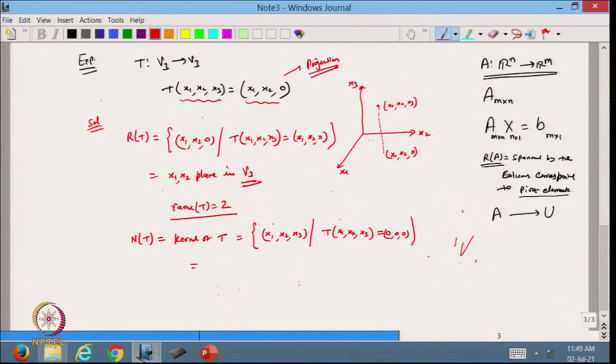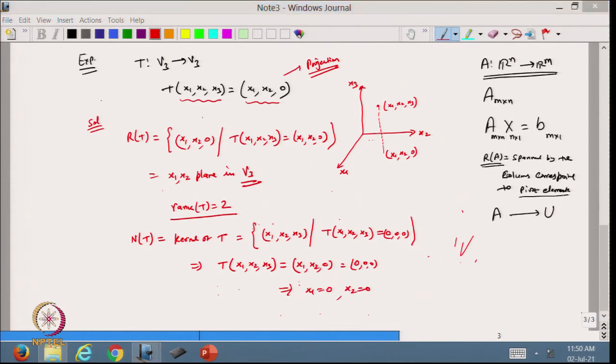Now, T of (x1, x2, x3) is given as (x1, x2, 0), and that should be equal to (0, 0, 0). So, from here I get that x1 should be 0, x2 should be 0, and the third element is 0 anyway. So, I get only two conditions from this.